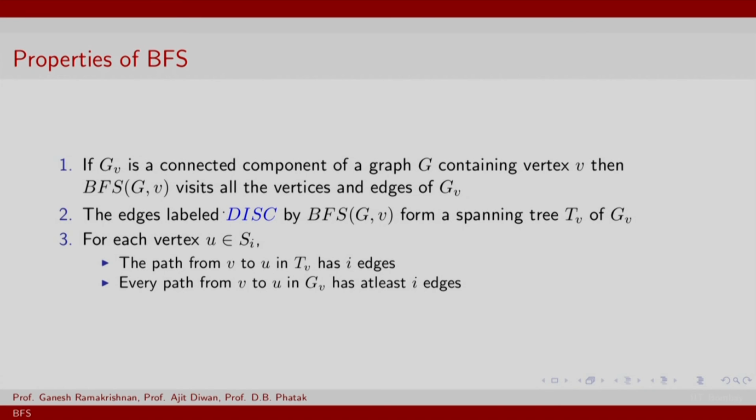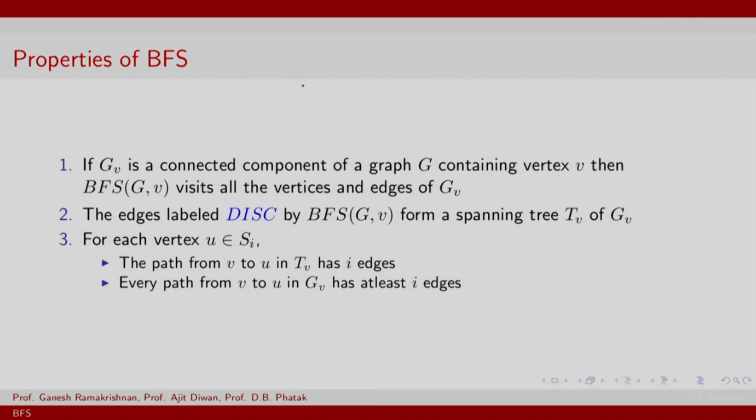So if GV is a connected component of a graph G containing vertex V, then BFS on GV starting at V visits all the vertices and edges of GV. It labels some edges as discovered and the others as cross. The discovered edges, put together, give you a spanning tree TV of GV.